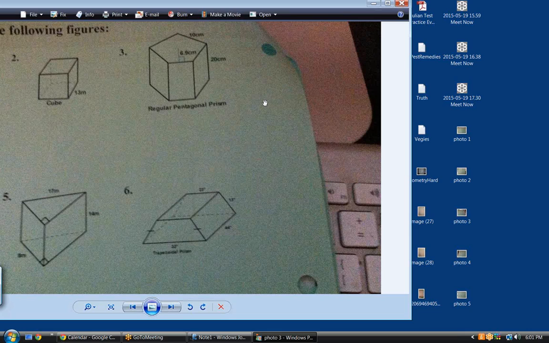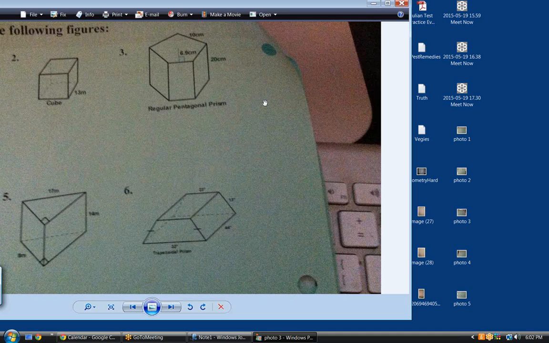Okay. And for that one. All right, number 3. Hold on a second. I've got to look these up, because these apothems and all that, I don't do them often enough to memorize them.